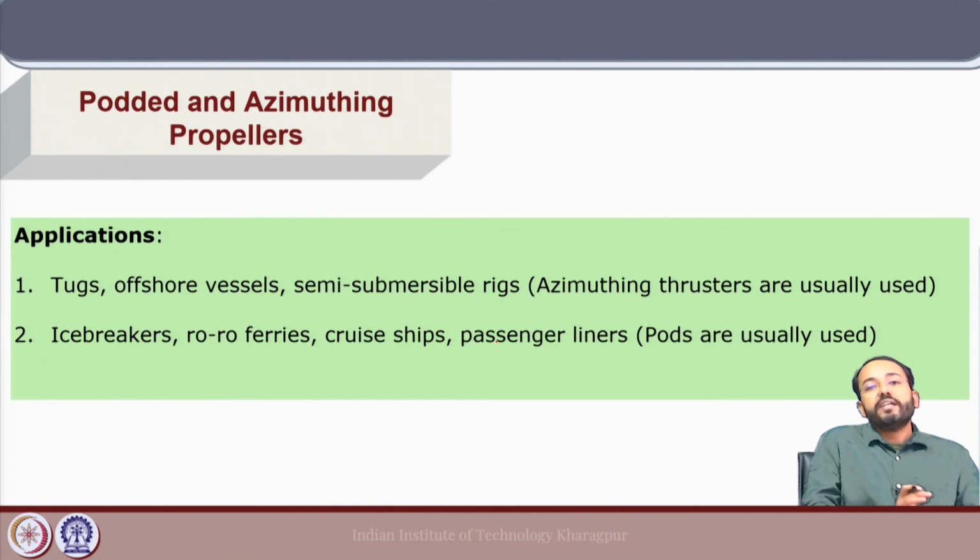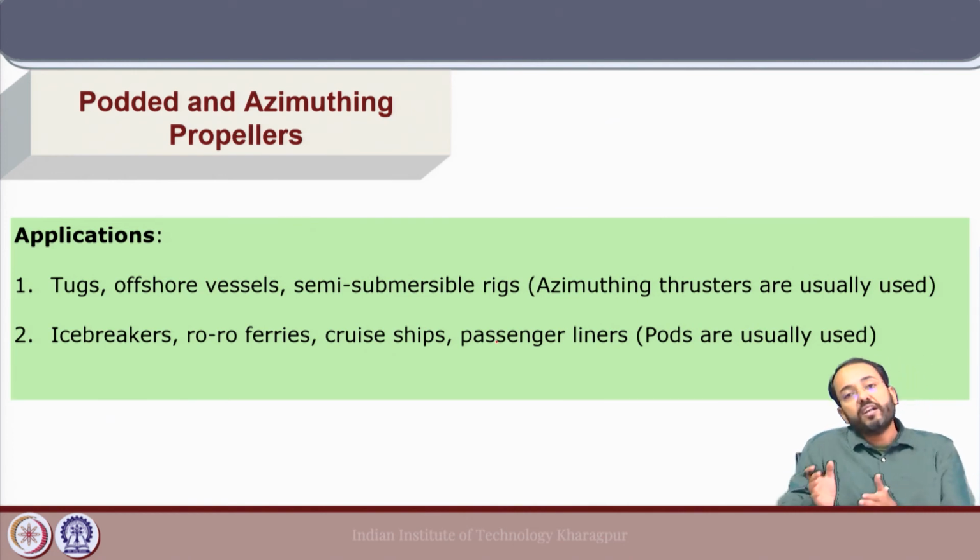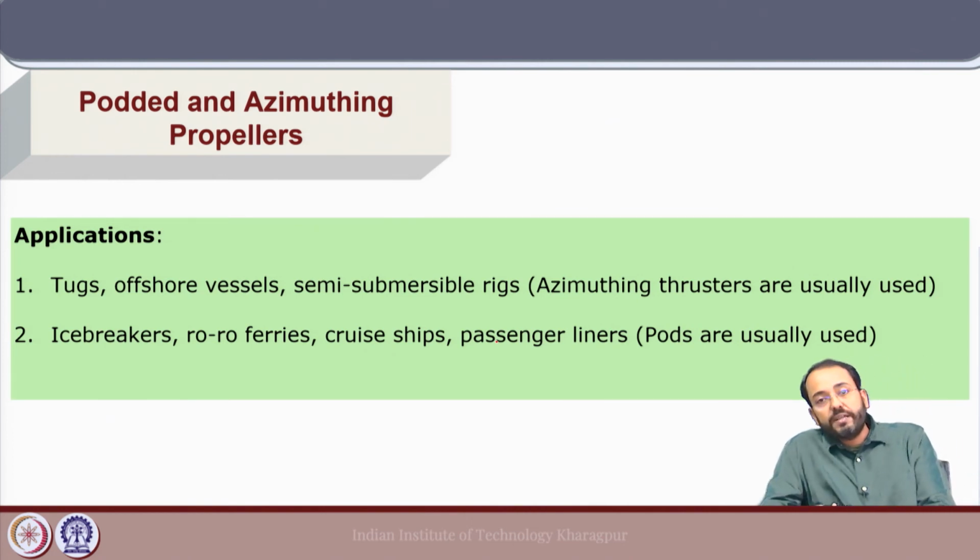Podded propellers can be a very good alternative, either as the main propulsion or as additional propulsion in addition to the screw propellers which are already implemented in the ship design.